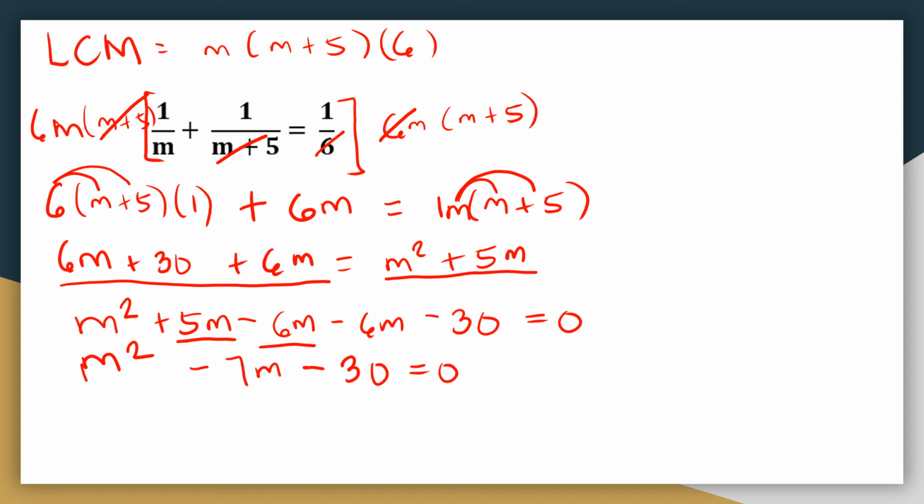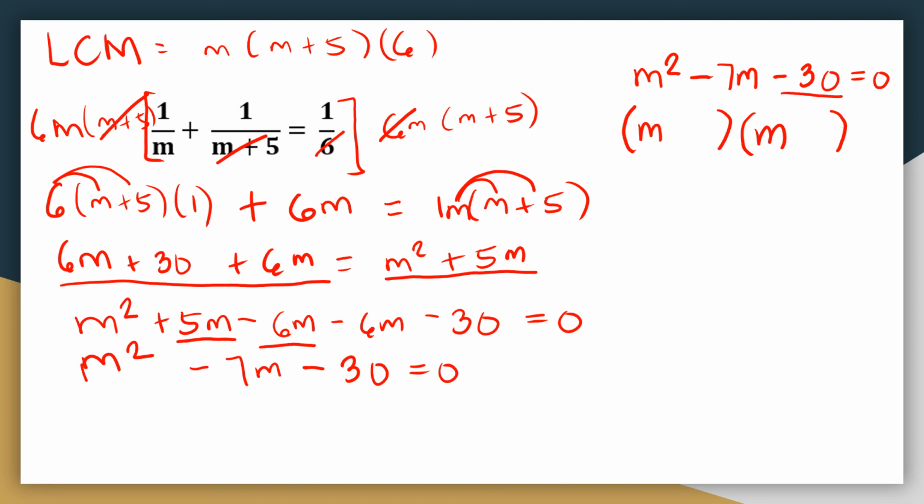What we need is to factor our m squared minus 7m minus 30 equals 0 to get the roots. So we need to get the factors. The factor of our m squared is m. So we need to think of factors of 30.